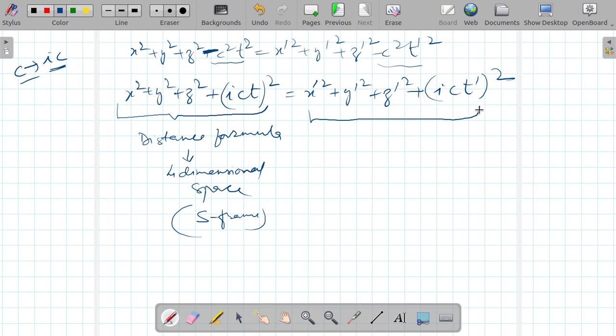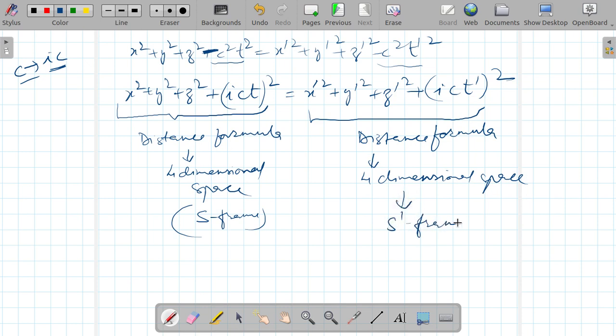Similarly, this also looks like a distance formula in 4 dimensions, in the S prime frame. But it's not a simple space. Here, the 3 are the position coordinates and the 4th coordinate is iota ct. So it is basically a time coordinate.